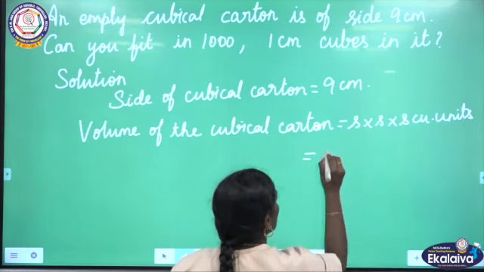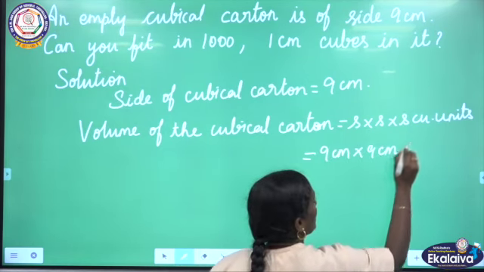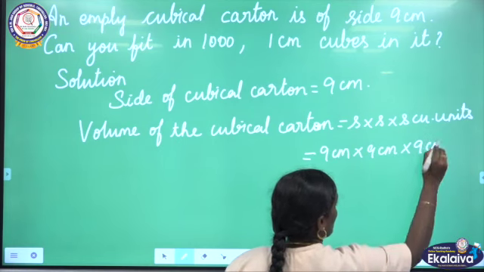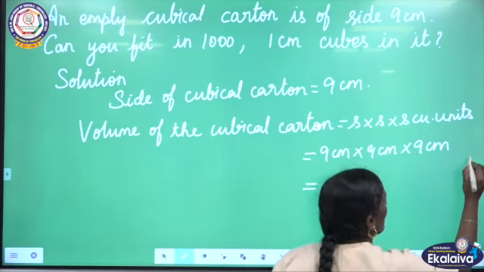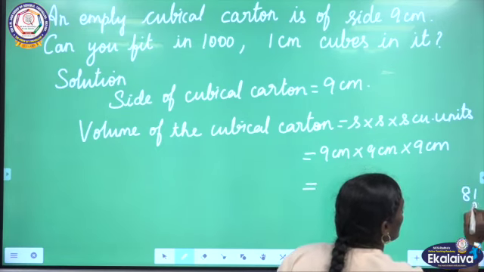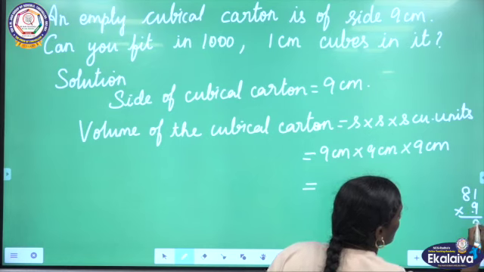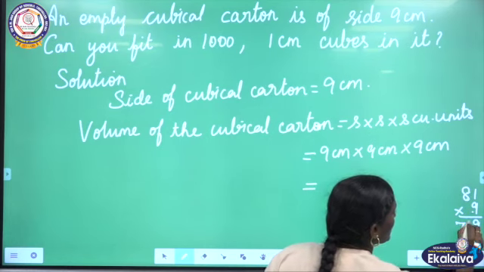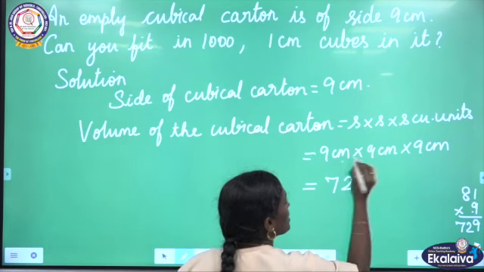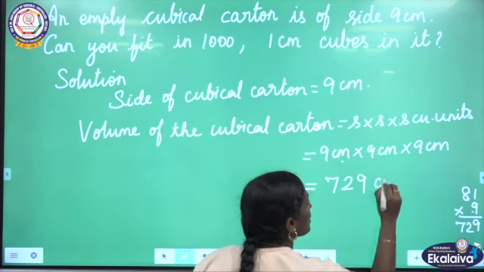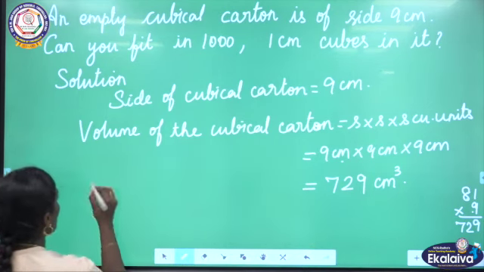Here side is equal to 9 centimeter into 9 centimeter into 9 centimeter. Here 9 9s are 81, 81 into 9. 1 into 9, 9. 9 8s are 72. So we will get 729 centimeter cube. This is the volume of the cubical carton.